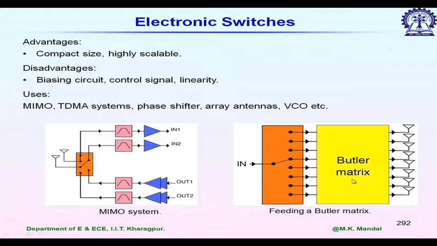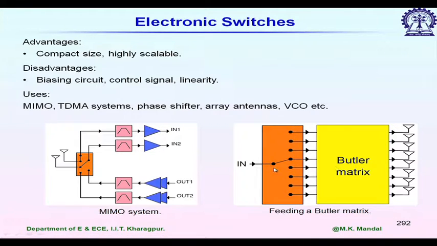So, we have 2 to the power n number of input lines and 2 to the power n number of output lines. Now, antennas are connected to all these output ports, and the RF input at a time is connected to one of these 2 to the power n inputs by using a switch.